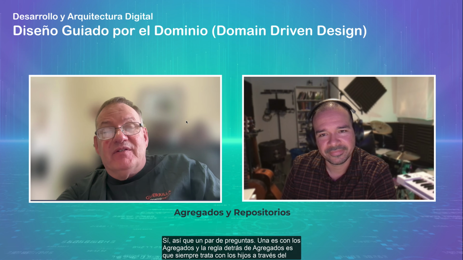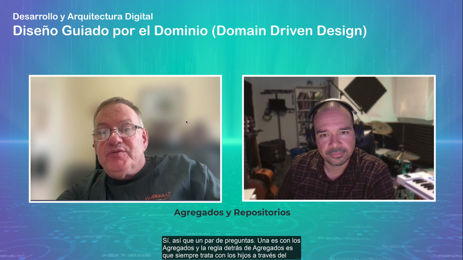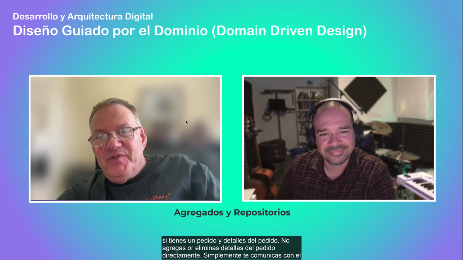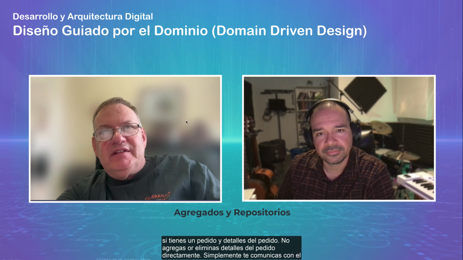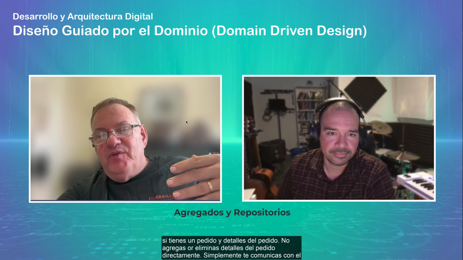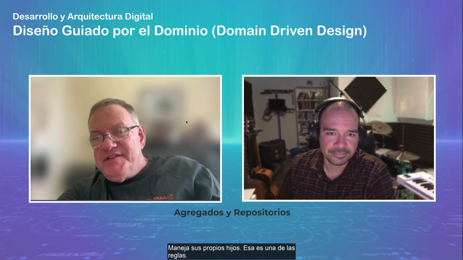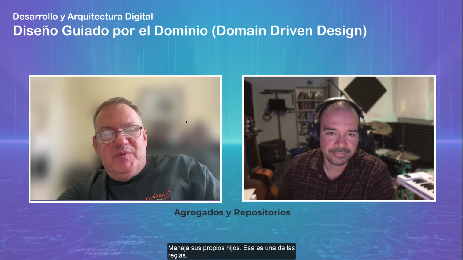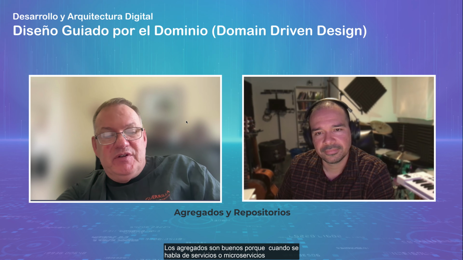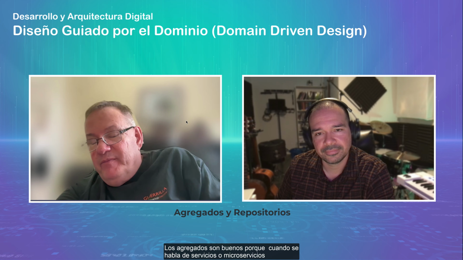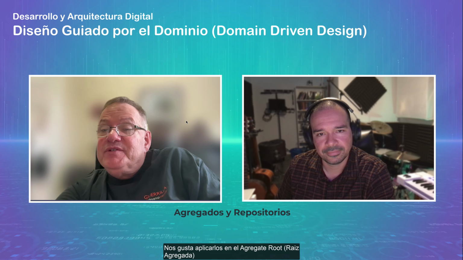One is with aggregates, and the rule behind aggregates is you always deal with the children through the parent. So if you have an order and order items, you don't really directly from outside that order add or remove items. You simply communicate with the order. It manages its own children, right? So that's one of the rules. And aggregates are another great thing because usually when you talk about services or microservices even, we like to scope those at the aggregate root.